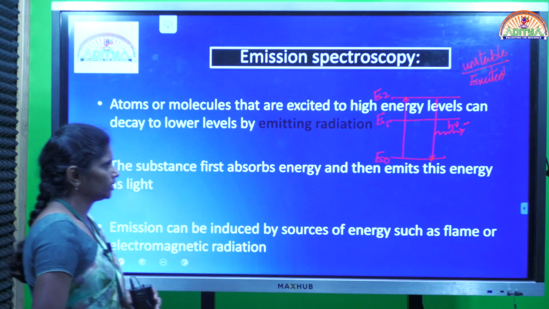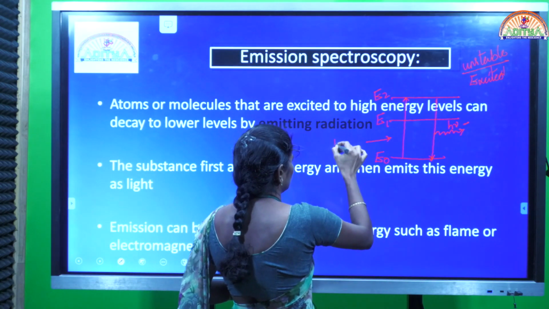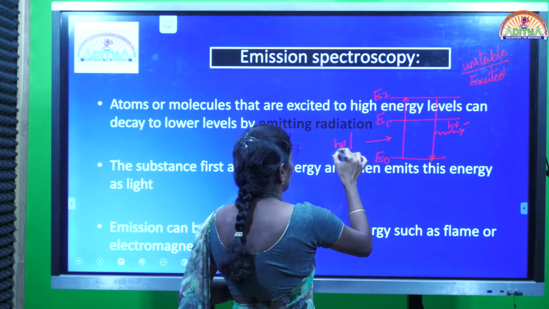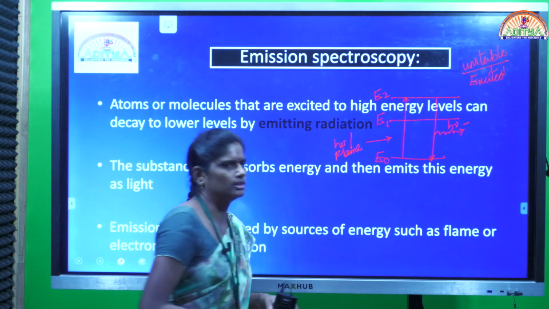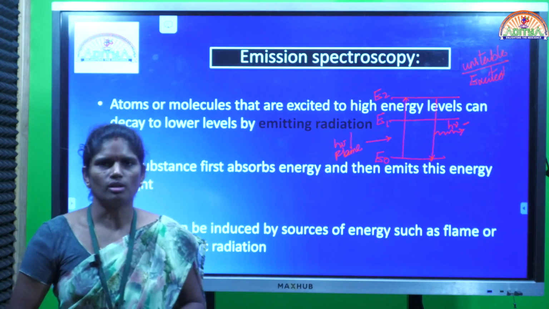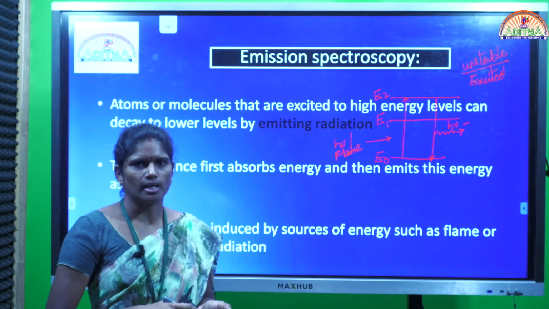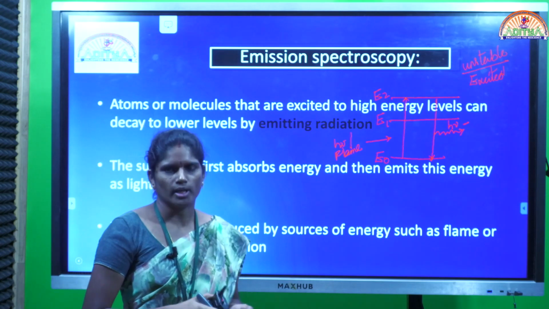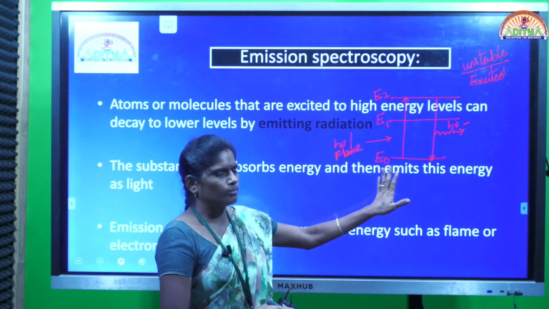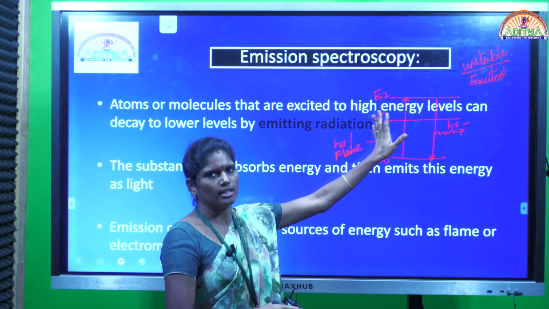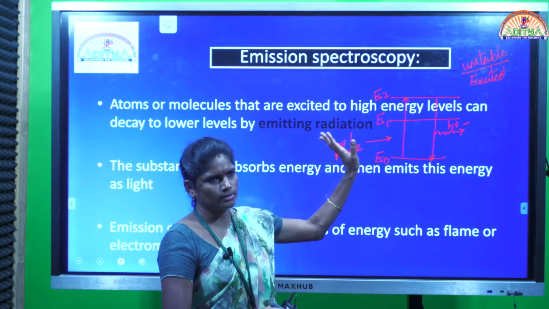This excitation can be done either by electromagnetic radiation, or we can use thermal energy in the form of flame or any other source such as plasma or laser sources, to allow the sample molecule to be in the excited state, which is the initial step in emission spectroscopy.